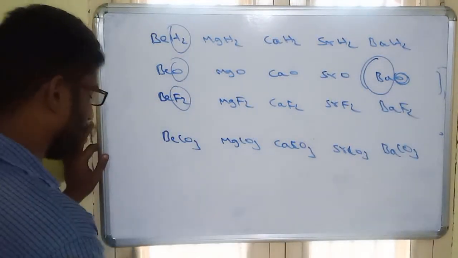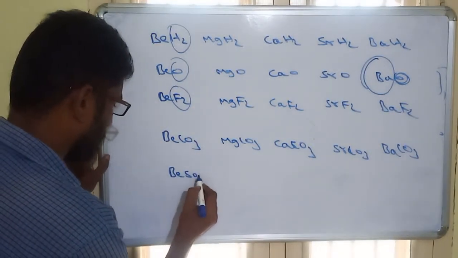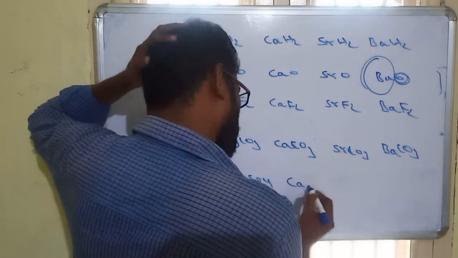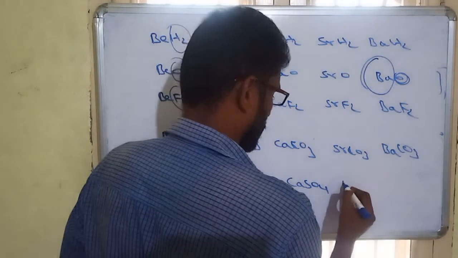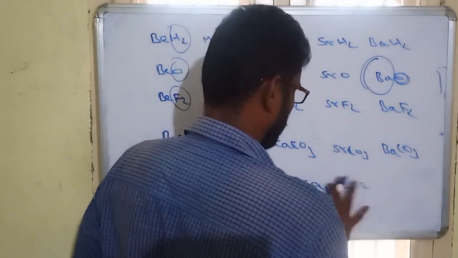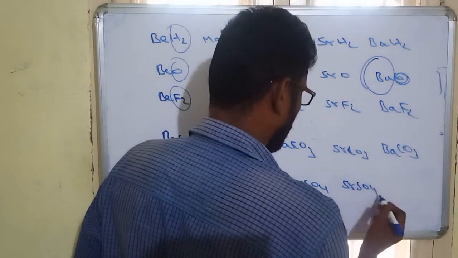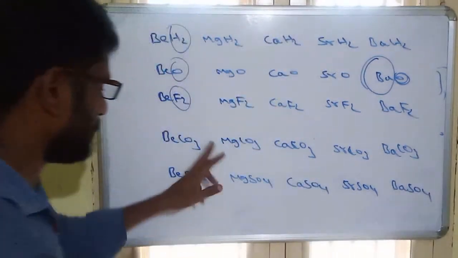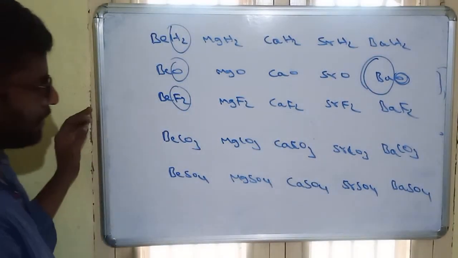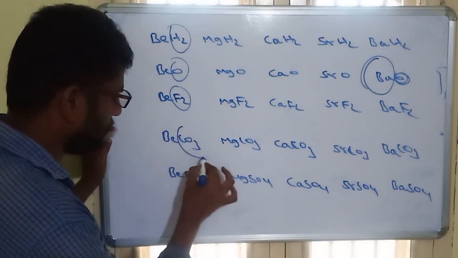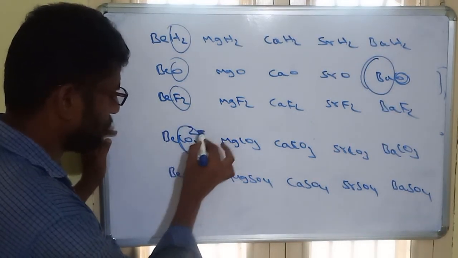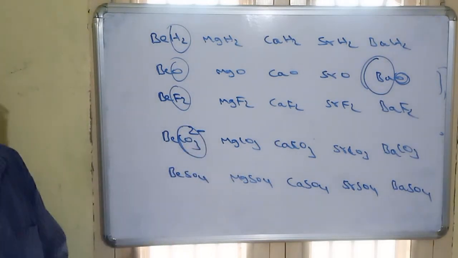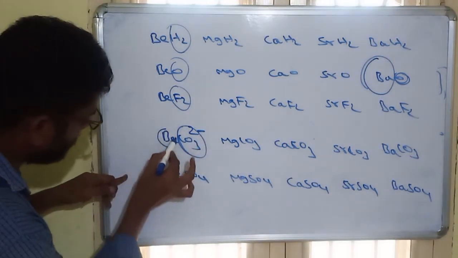Another we are going for sulfates, BeSO4, MgSO4, CaSO4, SrSO4 and BaSO4. So these are the carbonates and sulfates. See this molecule. Here the CO3 charge is 2 minus, it is a bulky size. That means here the anion is bigger, but the cation here is a very small size.